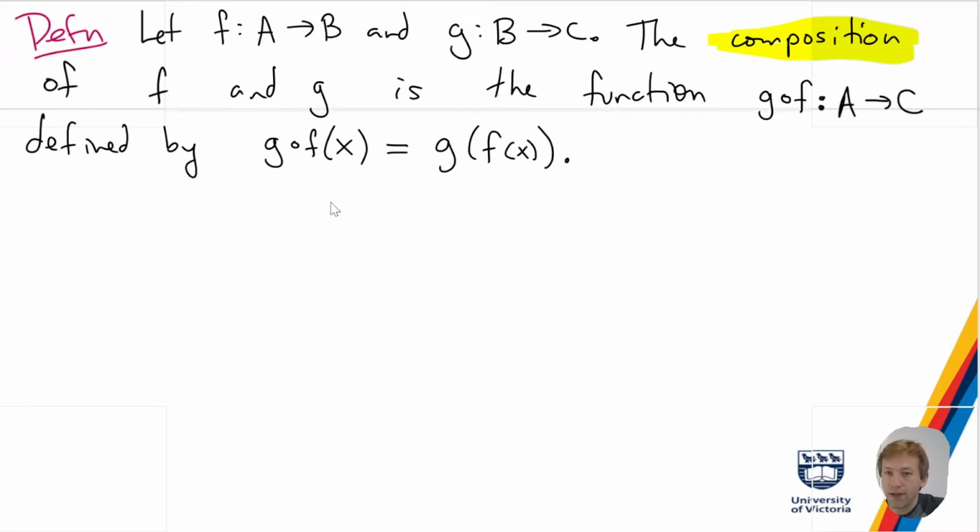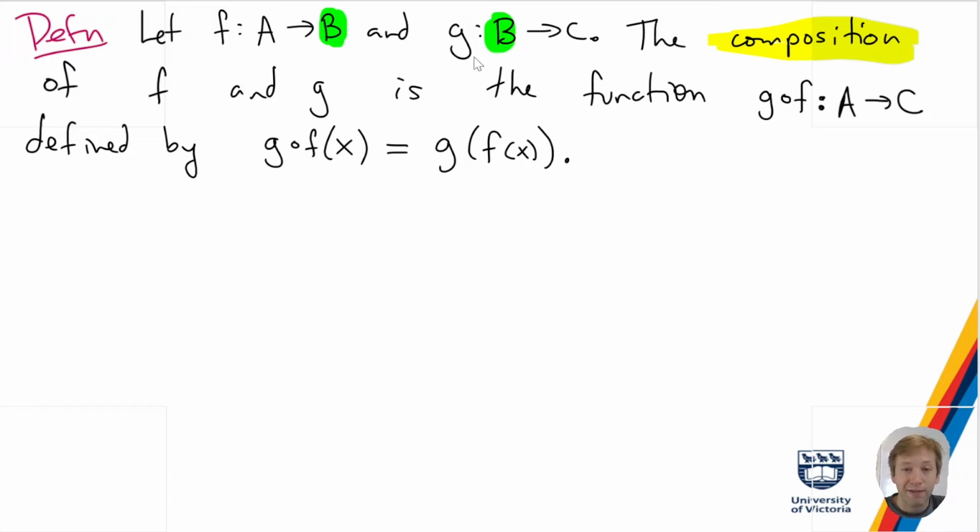Okay. So a few things to notice here. This definition only makes sense if the codomain of f is equal to the domain of g, right? Because if f has codomain B and g has domain B, then this makes sense, because for any x in A, f of x will be in B, and so g of f of x is defined. But if the codomain of f doesn't match up with the domain of g, then it's not going to make any sense.